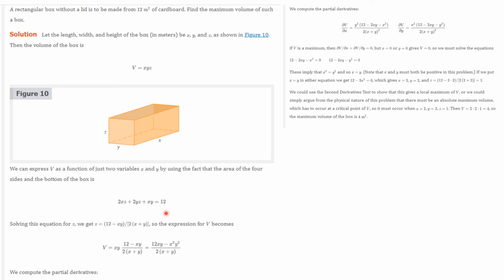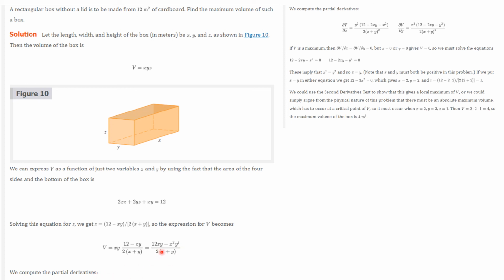So we solve this equation for z. We only have one z, and we get z is equal to 12 minus xy over 2 times x plus y. And so the volume, when we take that for z and substitute it into the volume equation, we get this expression.